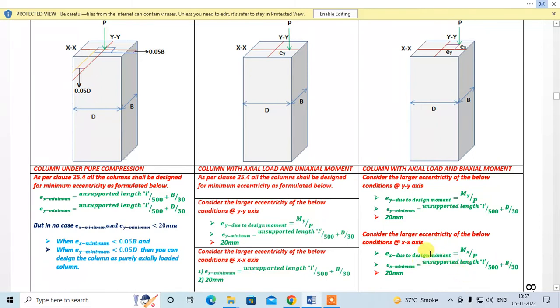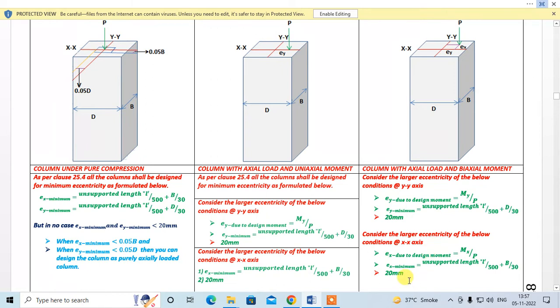Take the larger of these two, and that should be greater than 20, otherwise you will have to at least take 20. So this is how we check whether the column is under pure compression or is a uniaxial or biaxial column.